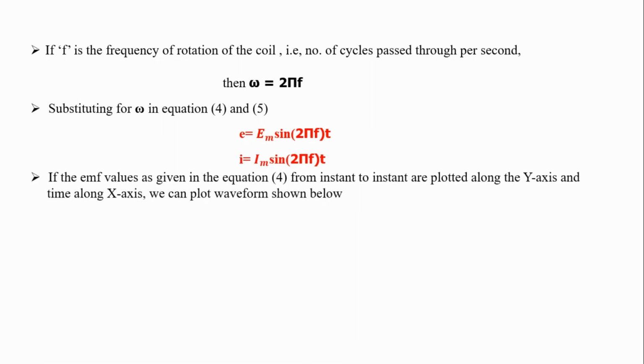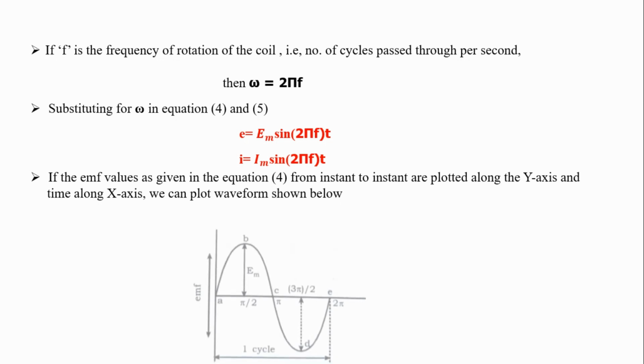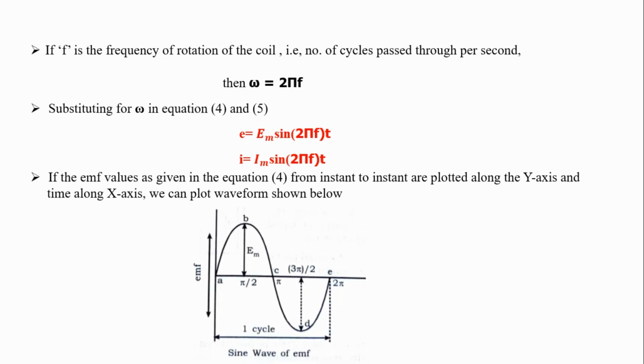So if the EMF values as given in equation 4, from instant to instant, are plotted along the y-axis and the time along the x-axis, then we can plot the waveform. EMF on the y-axis, time on the x-axis.